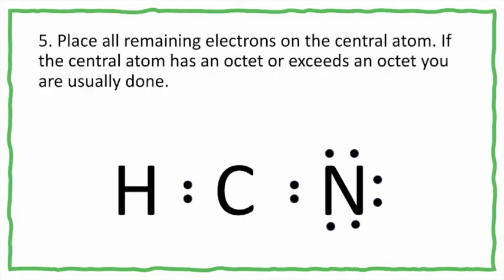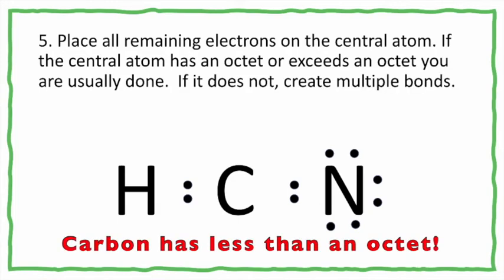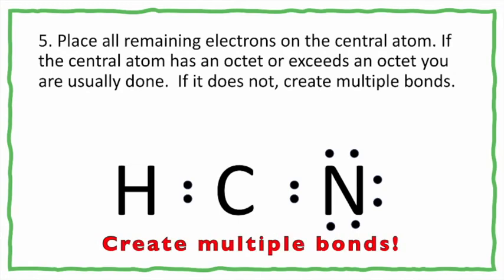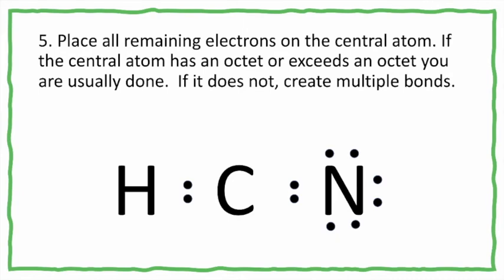Now, if we had remaining electrons, we would put them on the central atom. And we would be done if the central atom had an octet or had more than an octet. But here our carbon has less than an octet, so we're going to have to create multiple bonds. We do this by sharing 4 of nitrogen's lone pair electrons with carbon.